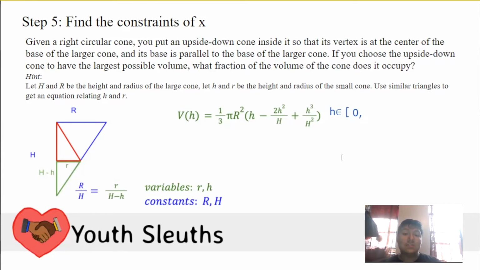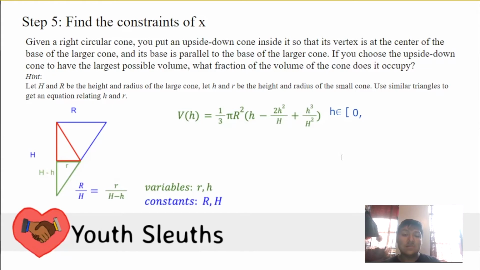Now we have to think about what's the largest possible value the little h could be. If we think about it conceptually again, the little h represents the height of the smaller cone. So it's inside the larger cone.